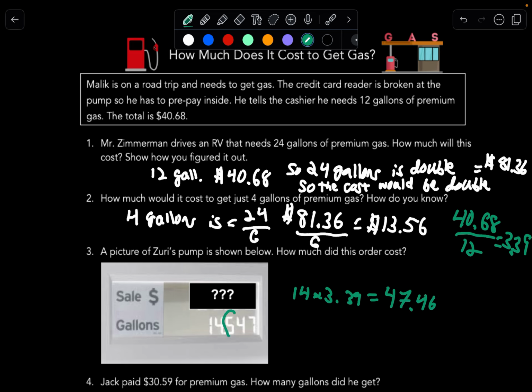Now we have to worry about the 0.547, which is $1.854. So if I add that together, that would be the total cost.